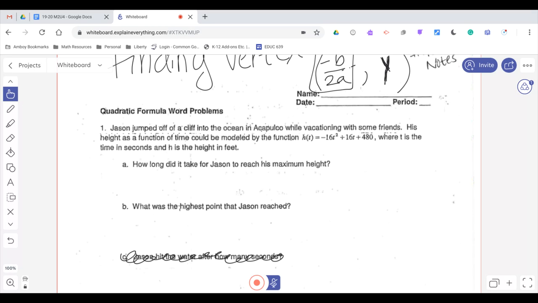His height as a function of time could be modeled by the function h of t, so h is height, t is time, negative 16t squared plus 16t plus 480.